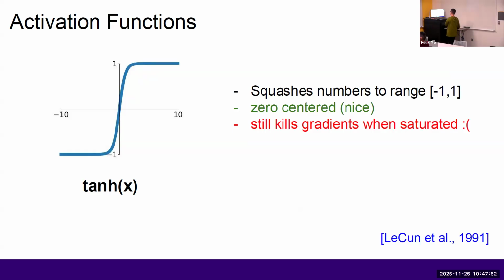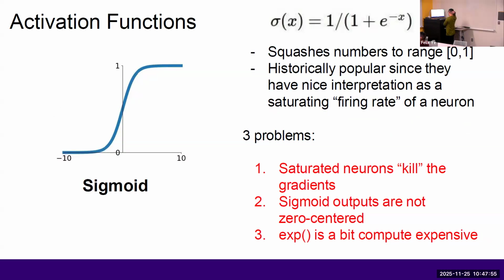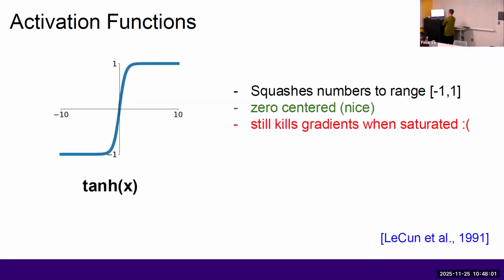So for the second problem, that the sigmoid output is not zero-centered, the fix is very easy. All we need to do is use the hyperbolic tangent. Then it will squash the numbers to the range of -1 to 1, so the output will be around 0.